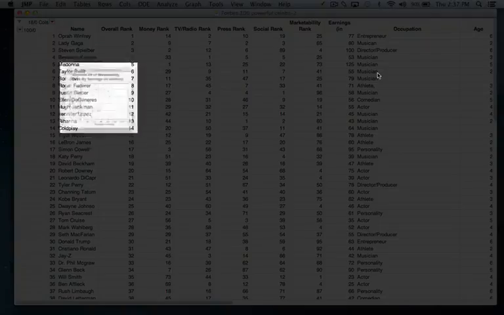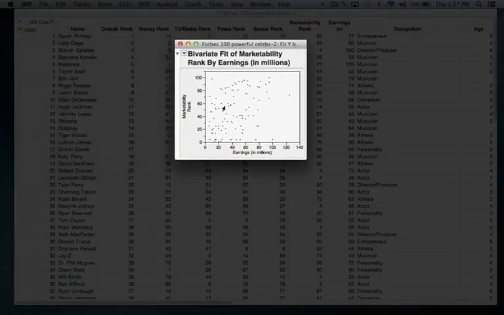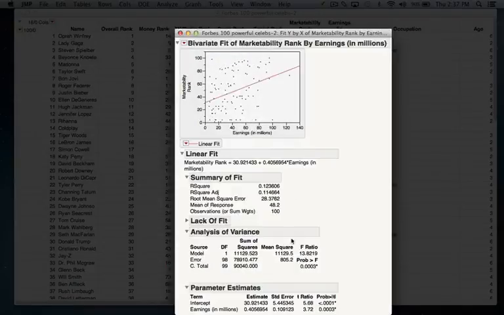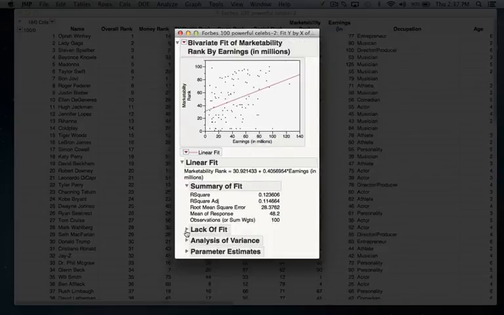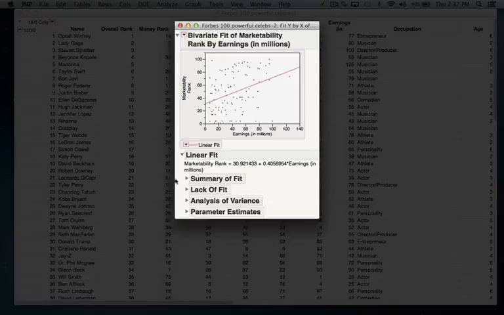Alright, so we're going to click OK, and we have our scatter plot here. So we're going to click this red triangle right here and say fit line, and that's going to give us all this information right here. We can go ahead and click these gray upside down triangles to close all this information. We aren't going to need it right now. That's for later with inferential statistics.